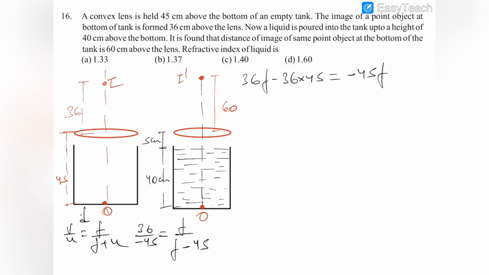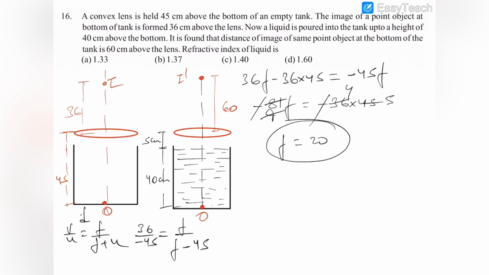Minus 45 and minus 36 gives minus 81, so minus 81 F is equal to minus 36 into 45. Cancelling, F will be equal to 20.